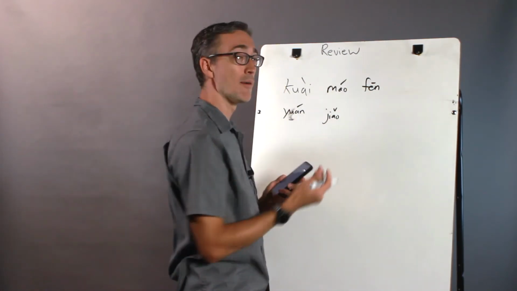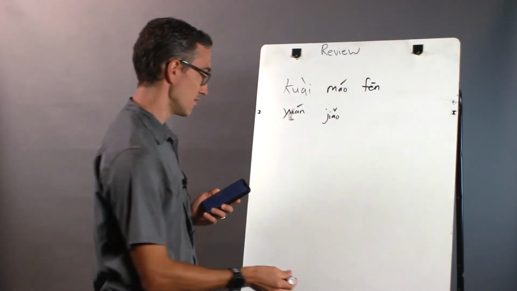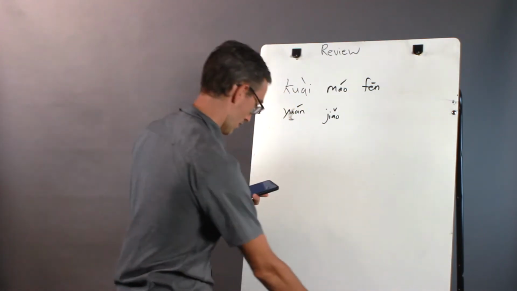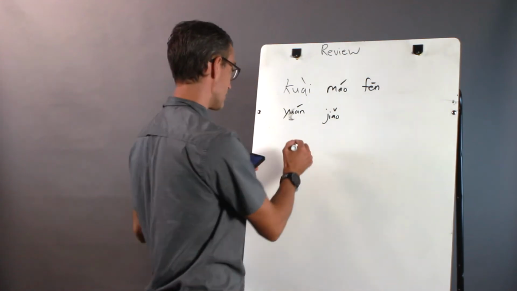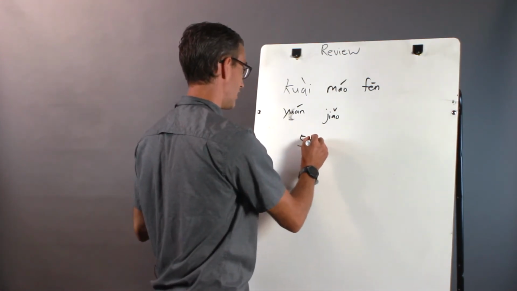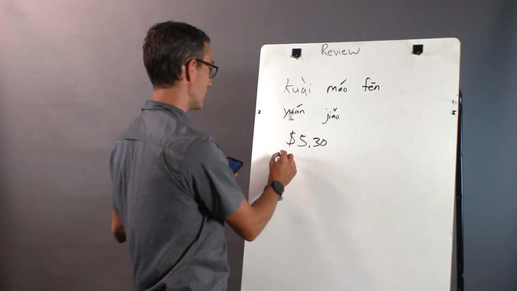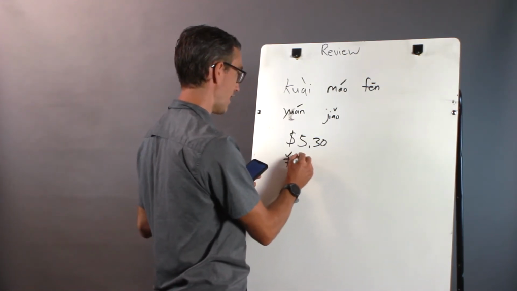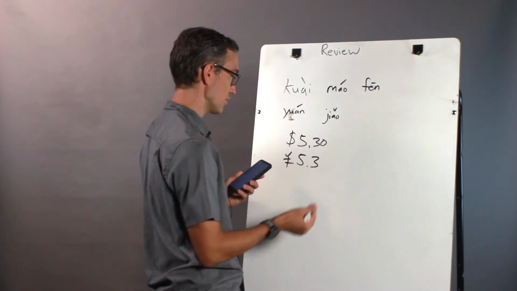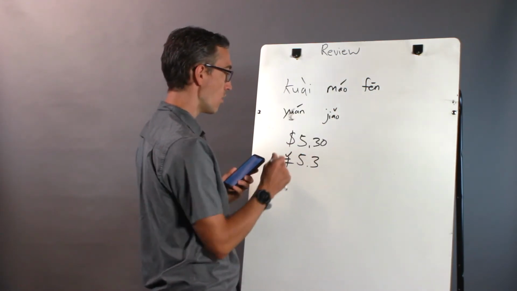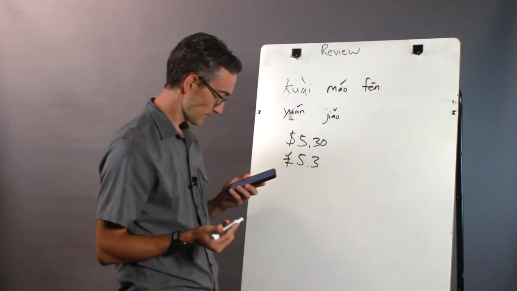This isn't very common in China because that small unit of money isn't usually used anymore. But if something is 5.30 in English, in Chinese money, because we don't usually use the fen, it would be 5块3毛.